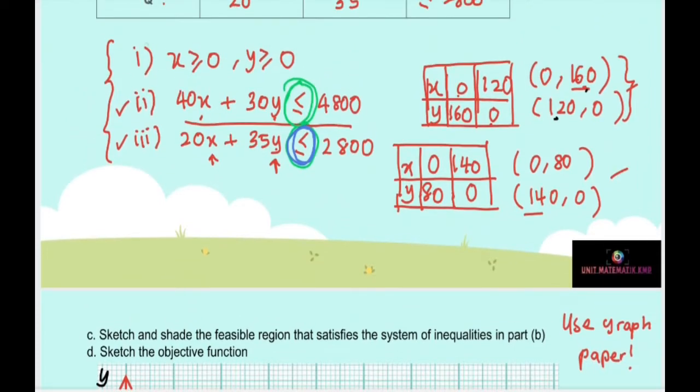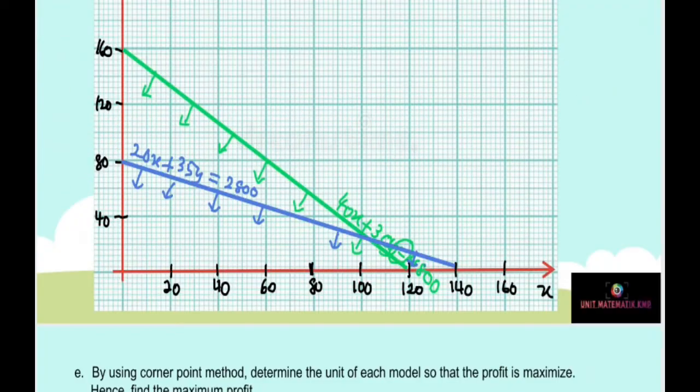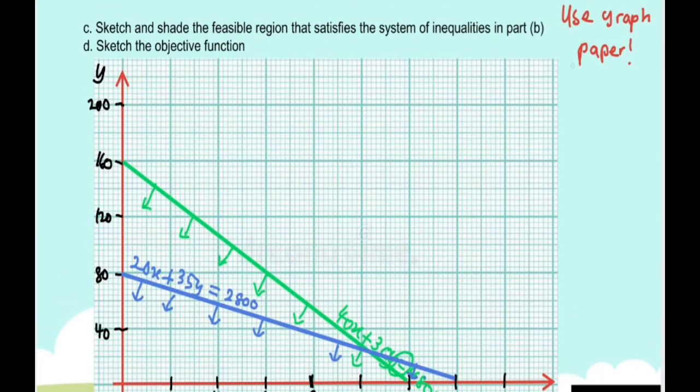Okay, and we have to consider the first inequalities, which are x greater than 0 and y greater than 0. That's why for this graph we just draw the first quadrant only, and the inequalities must be satisfied as x greater than 0 and y greater than 0.